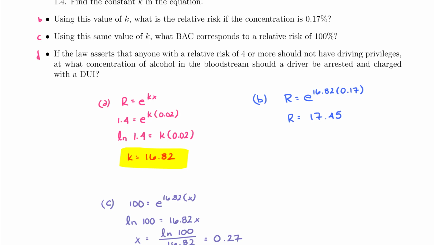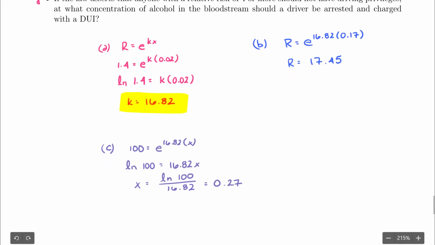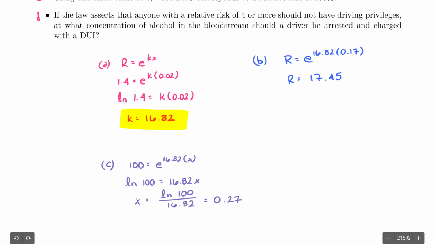And then finally, for part D, if the law asserts that anyone with a relative risk of 4 or more should not have driving privileges, at what concentration of alcohol in the bloodstream should a driver be arrested and charged with a DUI?